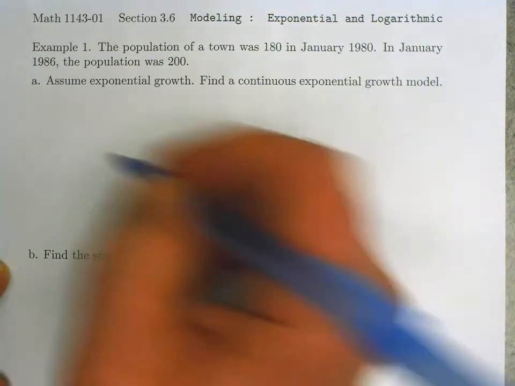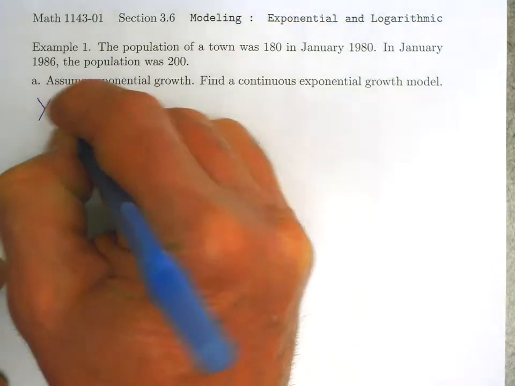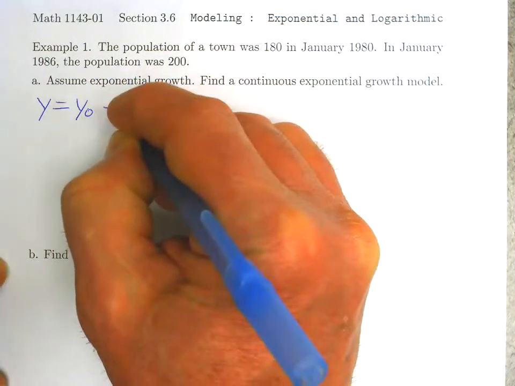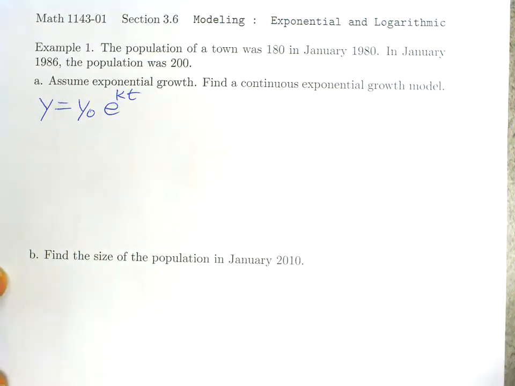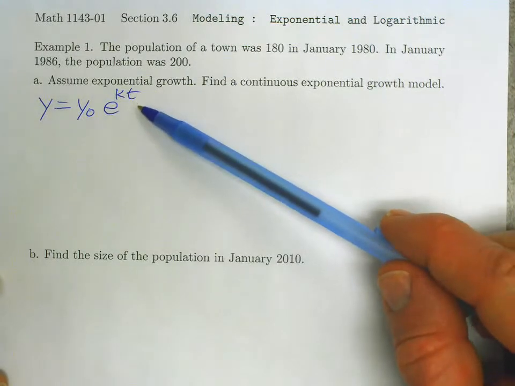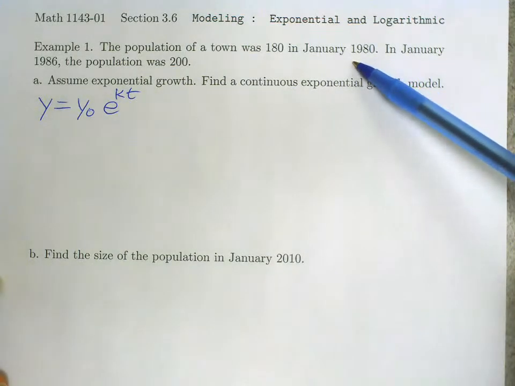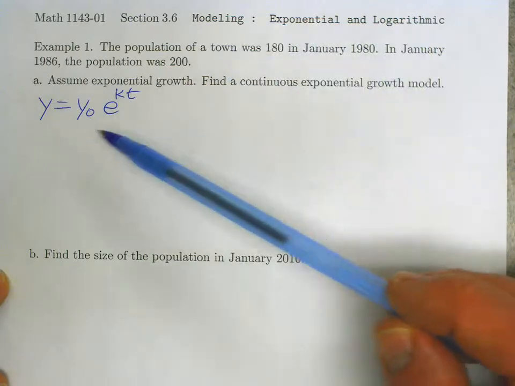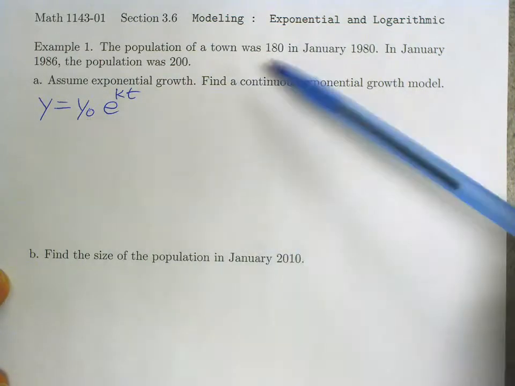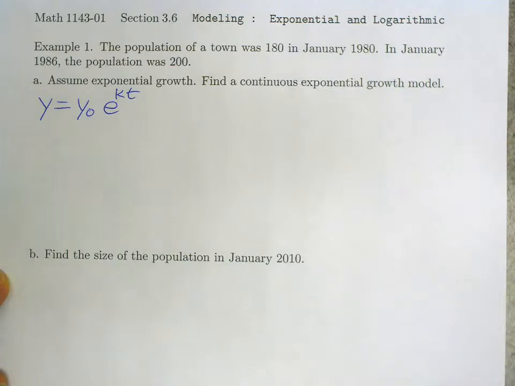So let's just start by writing y equals y sub 0 times e to the kt. And t is going to be the number of years since January of 1980. So t equals 0 corresponds to January 1980. The initial population, y sub 0, is given to be 180.